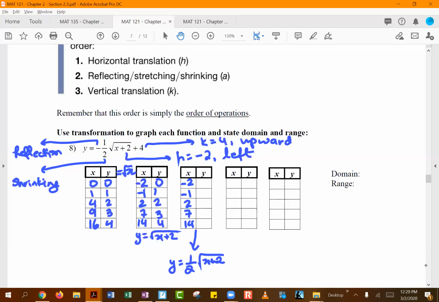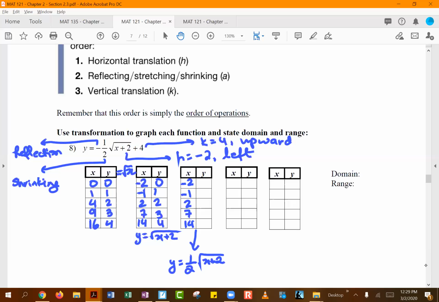I got a question. Sure. What makes us decide that we're using -2, -1, 2, 7, 14 rather than 0, 1, 4, 9, 16? Because this is where your graph moved 2 units to the left. From all of these x values, we subtracted 2.